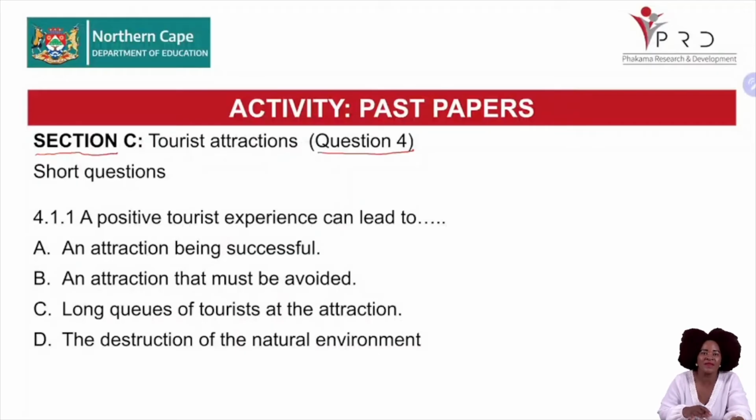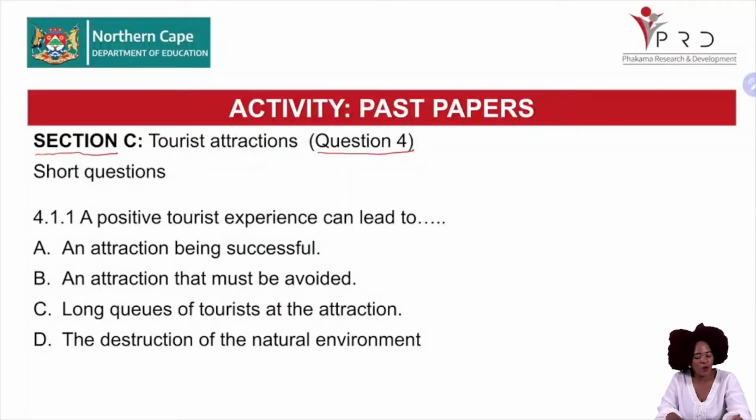So those are the subtopics that are going to be asked under this question, grade 12 learners. In this question, I've started with the multiple choice questions because I wanted you to see how the multiple choice questions are asked in this topic.